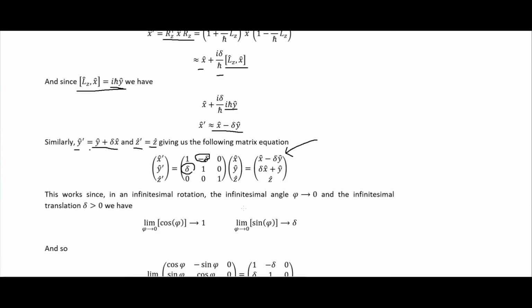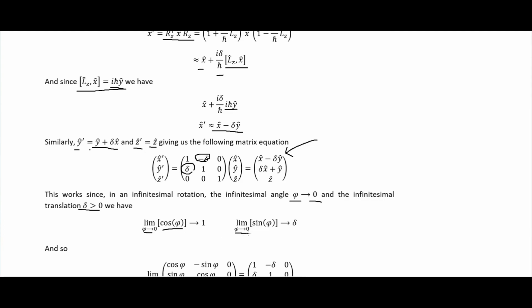So we see we have these two off diagonal elements here. And so when we do the transformation, we make the x and y both become dependent on each other. This works since in an infinitesimal rotation, the infinitesimal angle, so this phi here, goes to 0 because we're saying it's infinitesimal. In the infinitesimal translation delta greater than 0, we have that the cosine will go to 1 as this goes to 0.